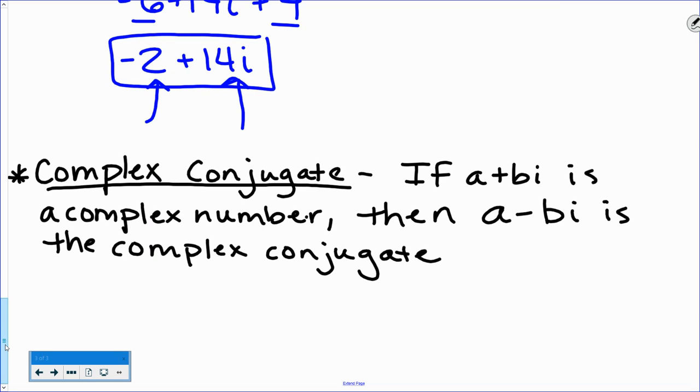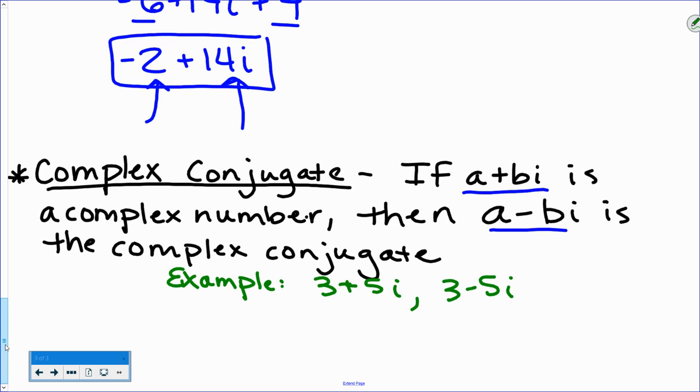If you look at that, all it's saying is your numbers stay the same. Whatever number a would be, whatever number b would be is the same exact number, but I'm switching the sign in between them. And there will be a reason for that. So if I have, for example, 3 plus 5i, the conjugate would be 3 minus 5i.